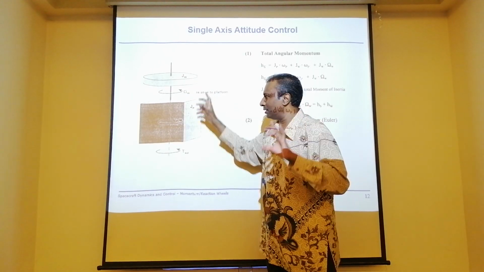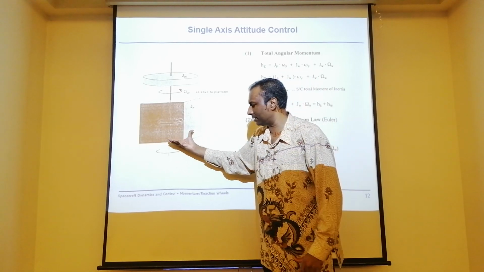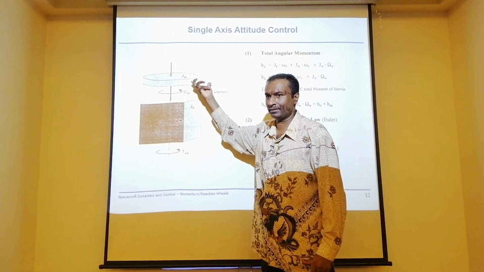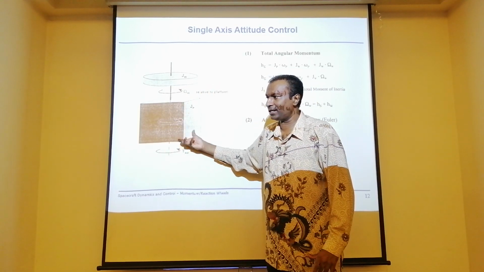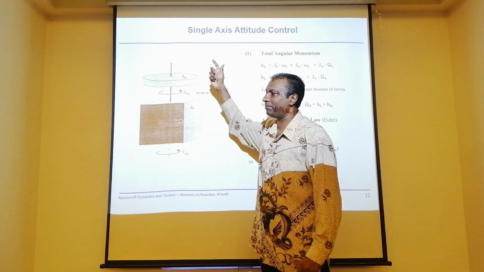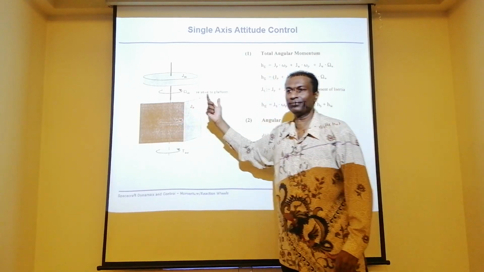Okay. So there are two rotational motions here. The platform is rotating, the wheel is rotating, and because of the platform rotating, the wheel also will rotate because of the platform.